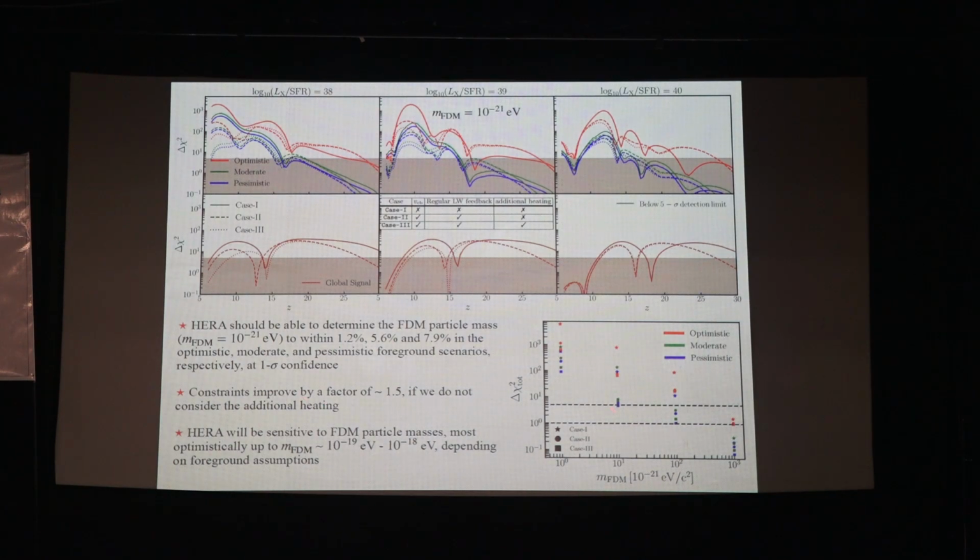If you consider different FDM masses and make chi-square plots like this, then we showed that HERA will be sensitive to FDM particle masses most optimistically up to 10 to the minus 19 to 10 to the minus 18, depending, of course, on different foreground assumptions and different feedback scenarios.